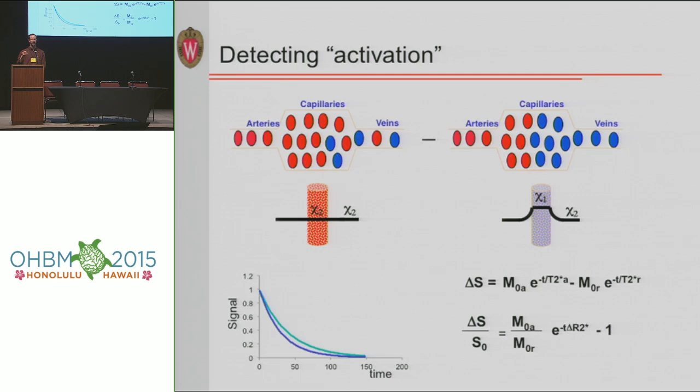So we actually see a decrease in the amount of deoxyhemoglobin there, because it's being pushed out by all that oxygenated blood rushing in. In the extreme case, shown on the left, the gradients balance out, and you basically don't have that dephasing. As a result, you've got an increase in the MRI signal, so a change in that relaxation curve.